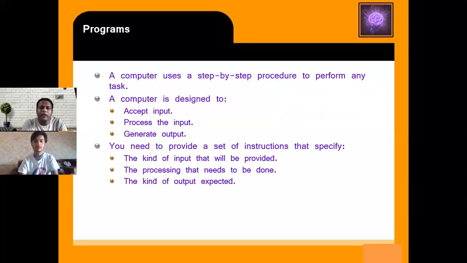A computer uses a step-by-step procedure to perform any task. In daily life also, we follow a step-by-step procedure. That is called the routine. If you are not following the routine, you have health issues. Normally, we take breakfast between 8 or 9.